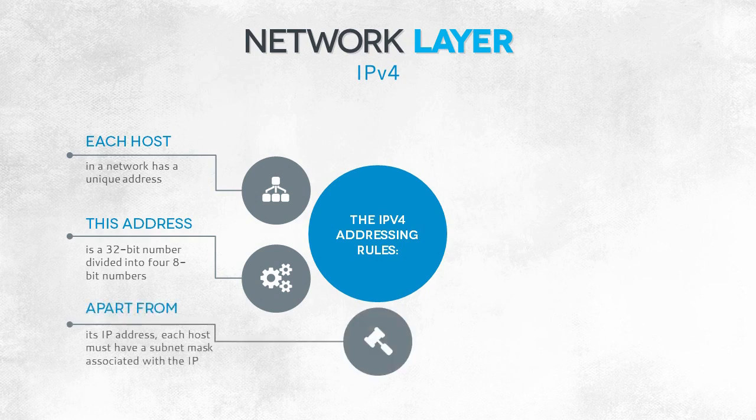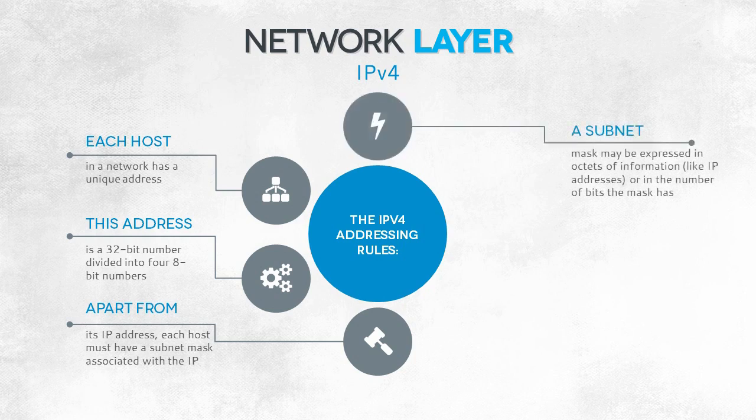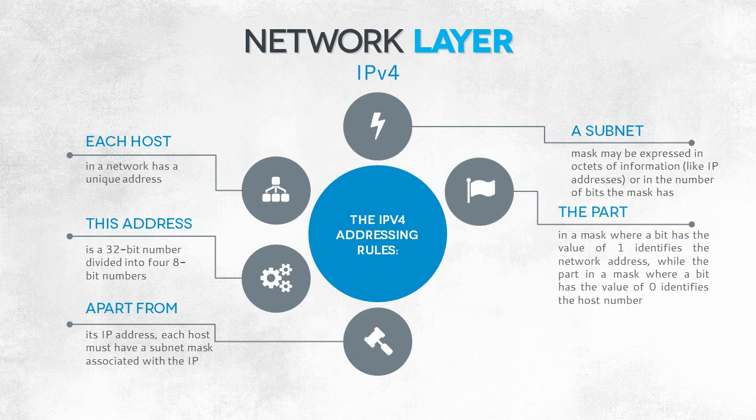You may ask, which part of the IP is the network address and which is the host address? We'll discuss addressing in greater detail while analyzing the subject of subnetting. For now, you should only remember that each IP address should be associated with a subnet mask. The subnet mask specifies which part of the IP is the host address and which is the network address.